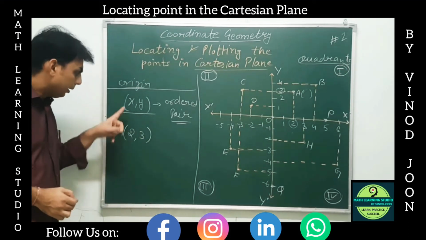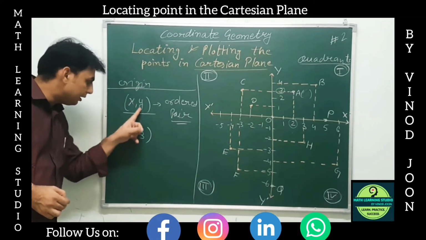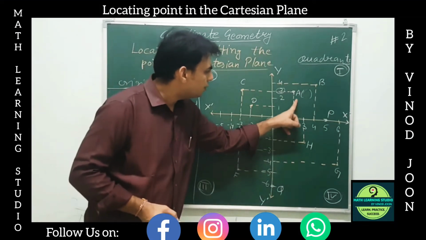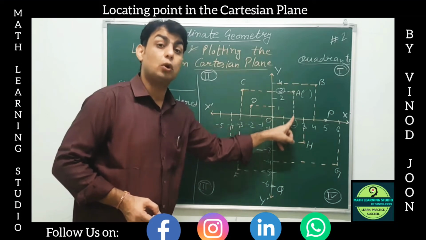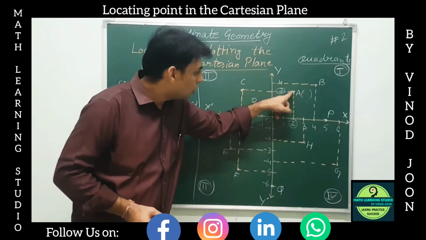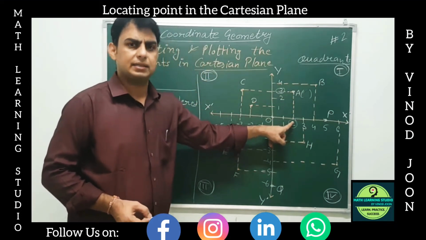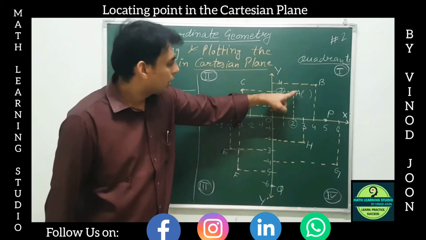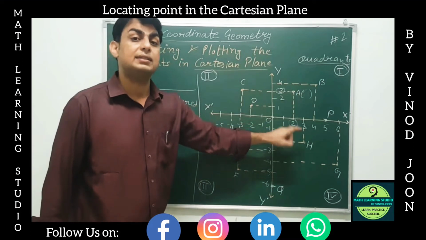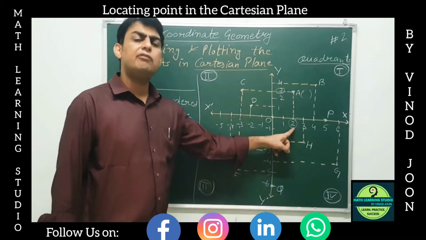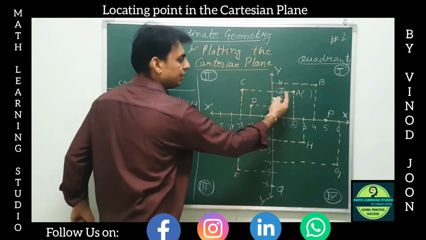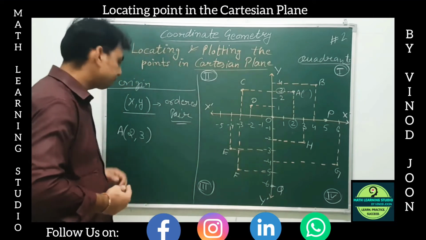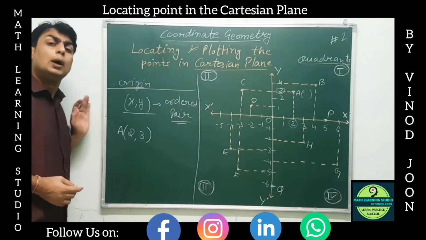So what did I do? First I gave the value of x and then the value of y. From where? Just by this dashed line coming to the x-axis. In other words, there is a perpendicular line coming from point A to the x-axis, and where it meets gives the value of x. In the same way there is a value for y as well. So we got the values for point A.